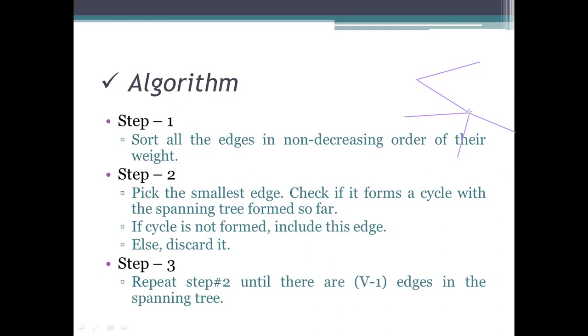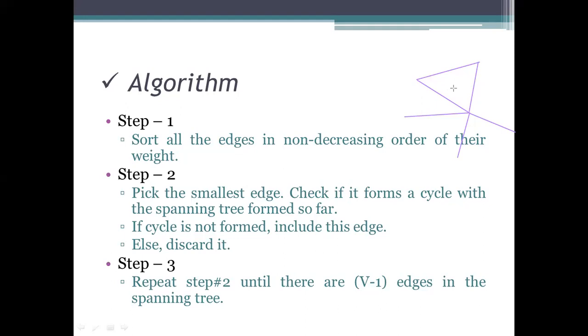If we use this representation, it forms a cycle, which is not allowed, as it violates the property of a spanning tree. So while picking an edge, we need to see whether it forms a cycle or not.